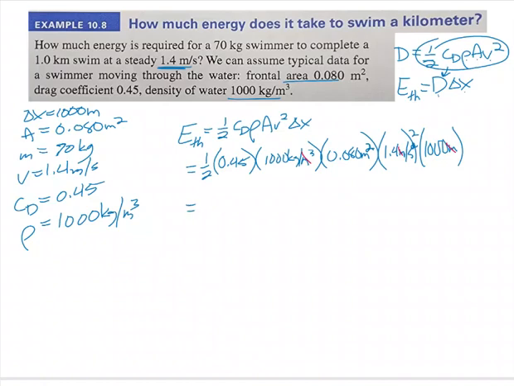Okay, so what's our number? 25,200? One half times 0.45 times 1,000 times 108 times 1.4 times 1,000.